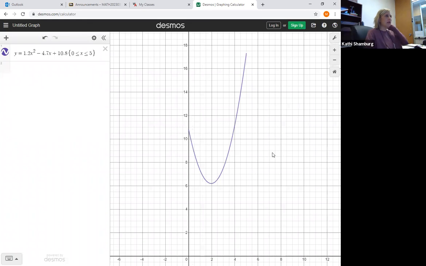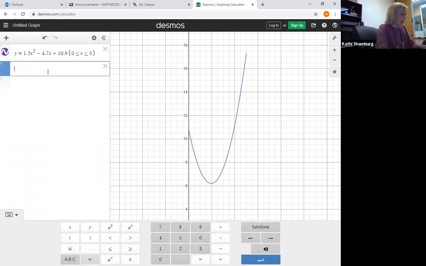Okay, so right here, we said our absolute minimum was an input of 1.985 and an output of 6.19877.